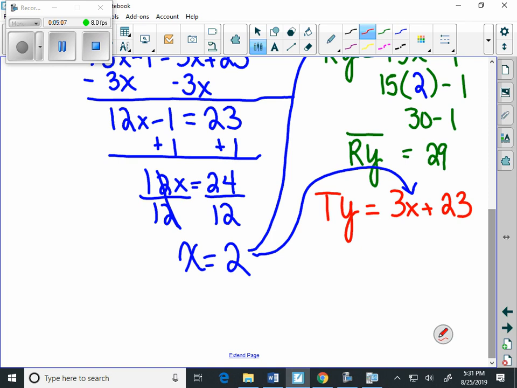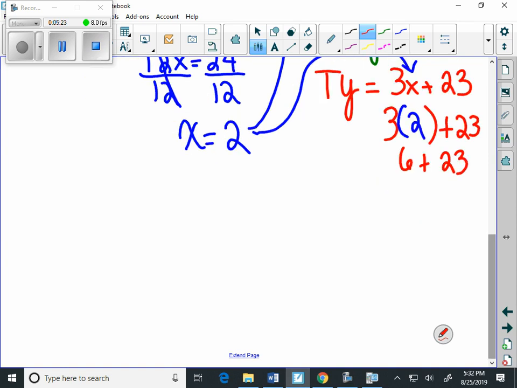And I am doing this problem a little bit the long way, just so you can see what happens. 3 times 2 plus 23, well, that gives us 6 plus 23. And sure enough, what we see is that TY equals 29.